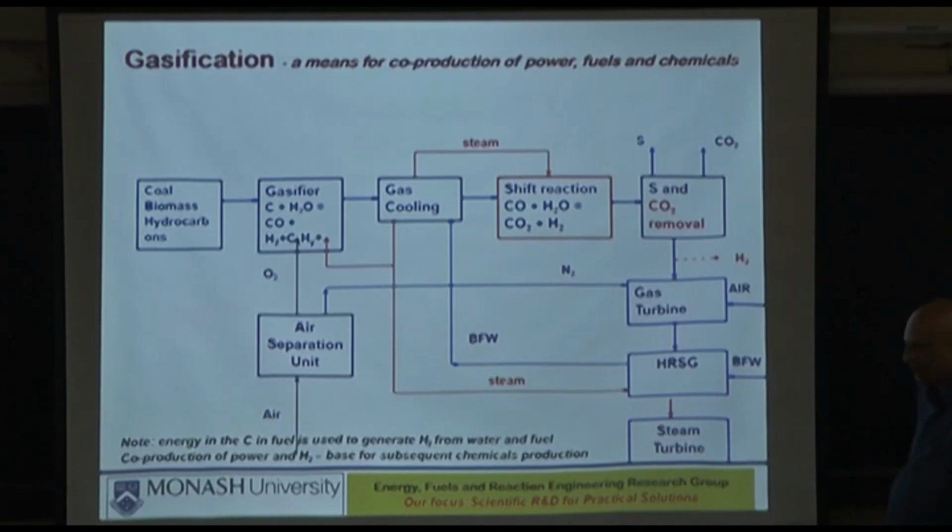The maximum amount of hydrogen that you can get will depend on the shift reaction, and that will depend on how much CO you have been able to produce from the gasifier. There you can make temperature adjustment to get more CO, less CO2.